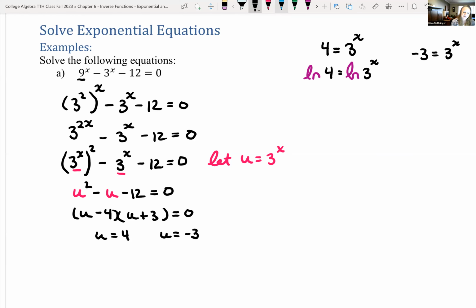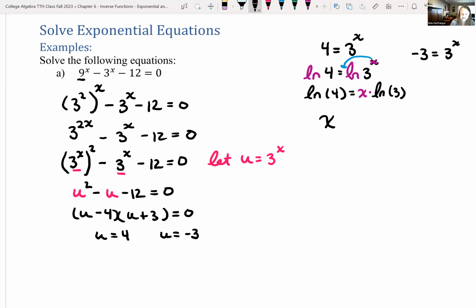So now I'm going to use that property of logarithms where I can bring my exponent down in front of the log. So this is the natural log of 4 is equal to x times the natural log of 3. So I want to get x by itself. I notice I could divide both sides by the natural log of 3.